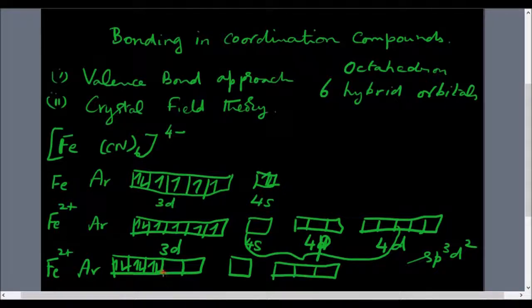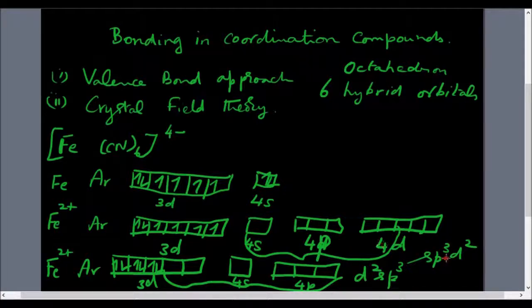So we can form 6 hybrid orbitals using 2 3d orbitals, 1 4s orbital and 3 4p orbitals. In this case, we will call it d2sp3 following the order in which the orbitals are present. So d2sp3 is the hybridization present in the second case.